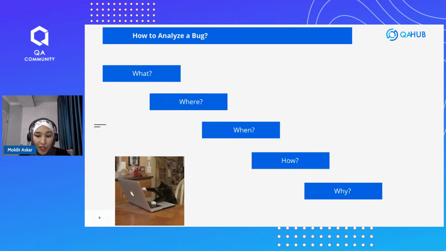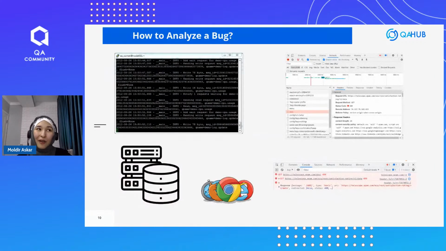When you ask the questions, you can understand some things. For example, when I was a junior, after asking the questions, I understood it was not a bug, it was my mistake. Asking questions is the first step to understand a bug, and the second step is to find where the bug is and reproduce it.